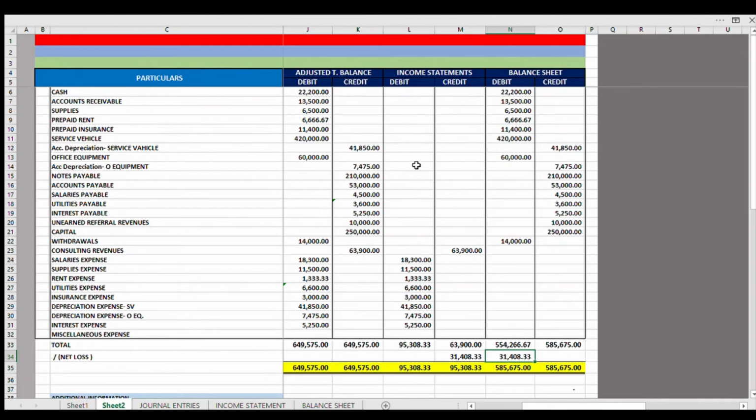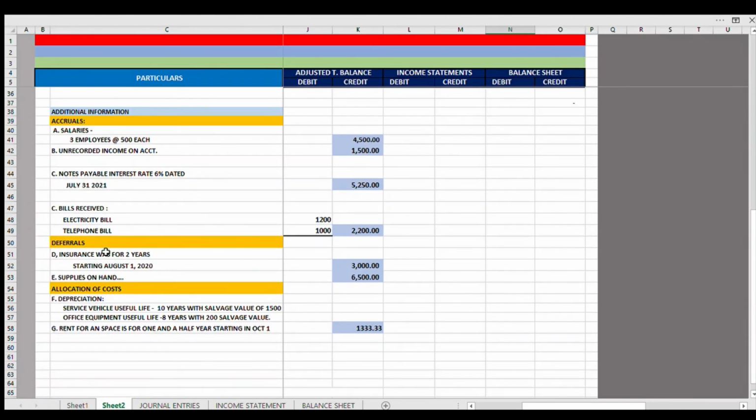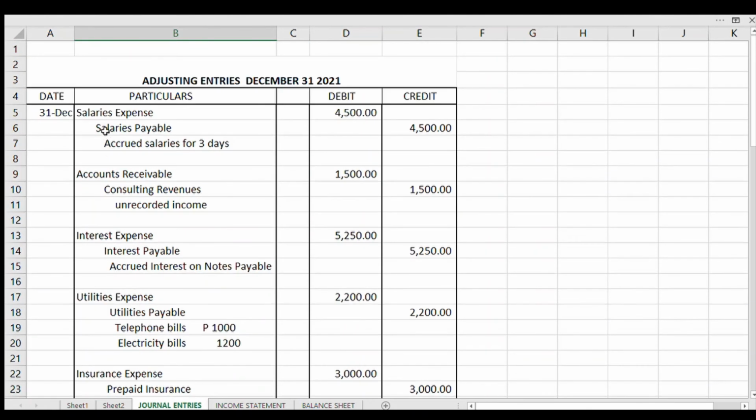So in the deferrals, maybe we don't need to reverse the deferrals, but in this case we can do the reversal for the accruals. So we will try for all the accruals. We'll just reverse all the entries that we had in the adjusting entries.